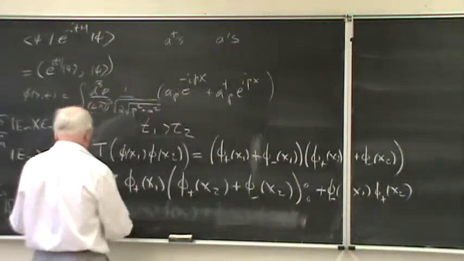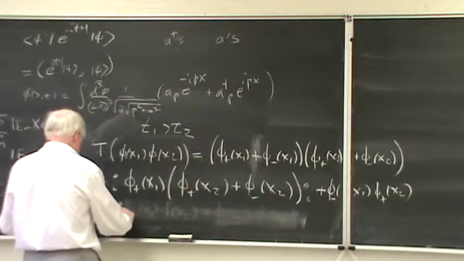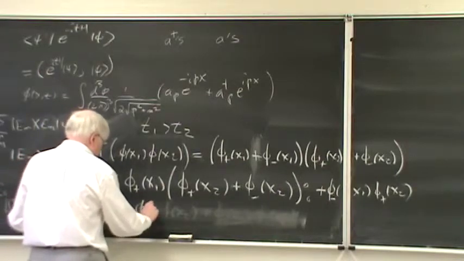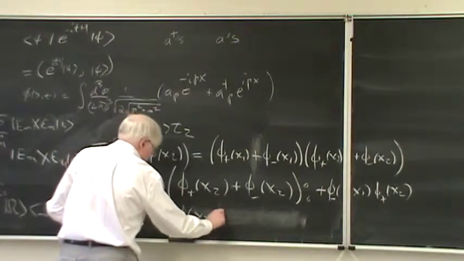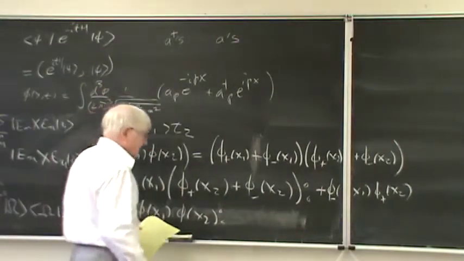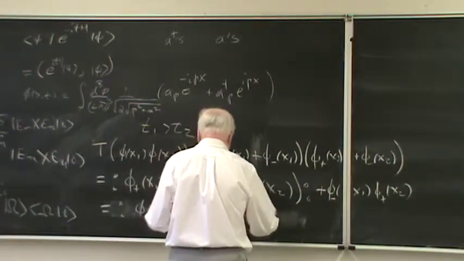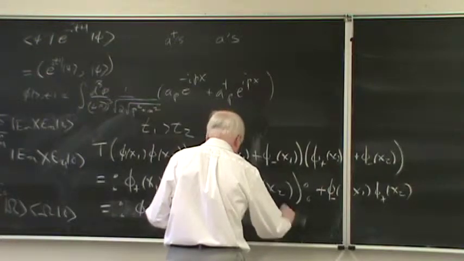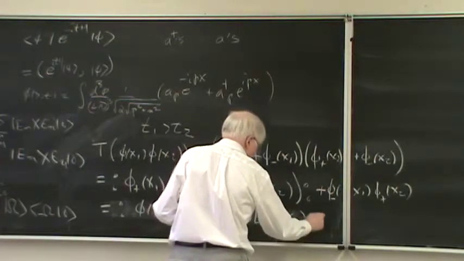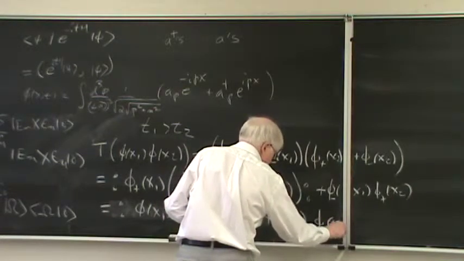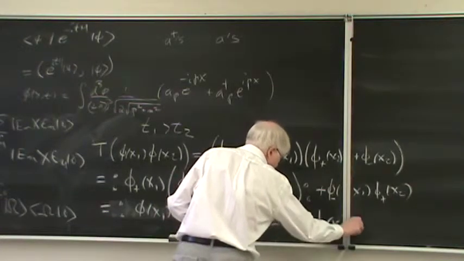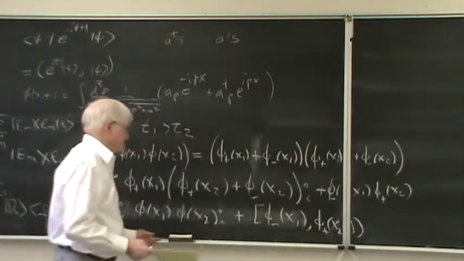The next line here would be that this is the same thing as the normally ordered product of phi x1, phi x2, so normally ordered, plus a commutator. And the commutator would be phi minus of x1 with phi plus of x2. Okay, so what does this do?